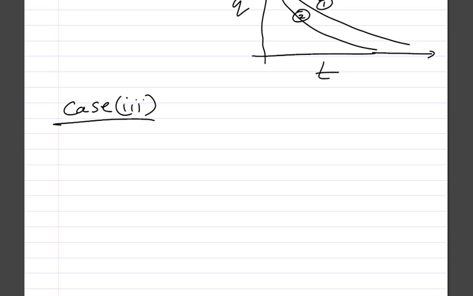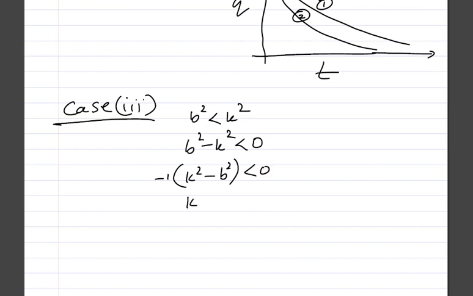Case 3, the case when b square is less than k square, or b square minus k square is less than 0, or we can also say minus 1 into k square minus b square is less than 0, or k square minus b square is greater than 0.